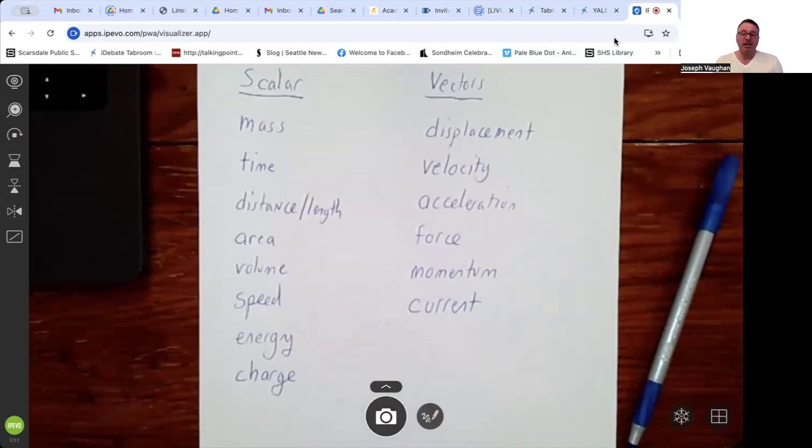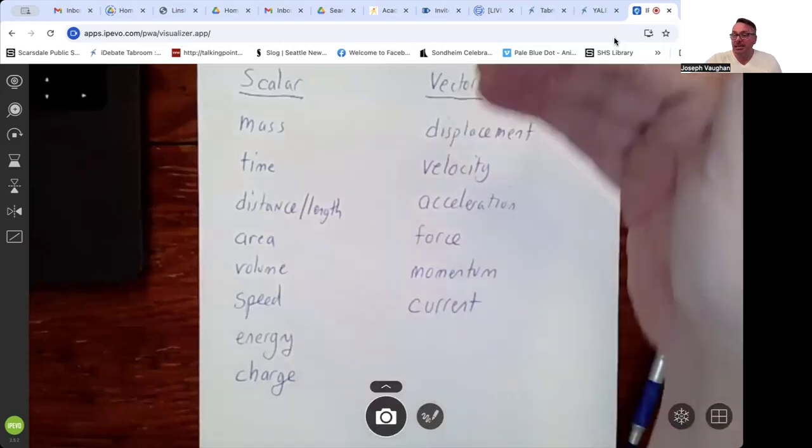But that positive and negative, which we often think about on a number line, is not what that means with respect to charge. That positive and negative are about an absence of something or an excess of something. We'll get back to that, but for now, we're just going to put it on our list that charge is a scalar quantity.